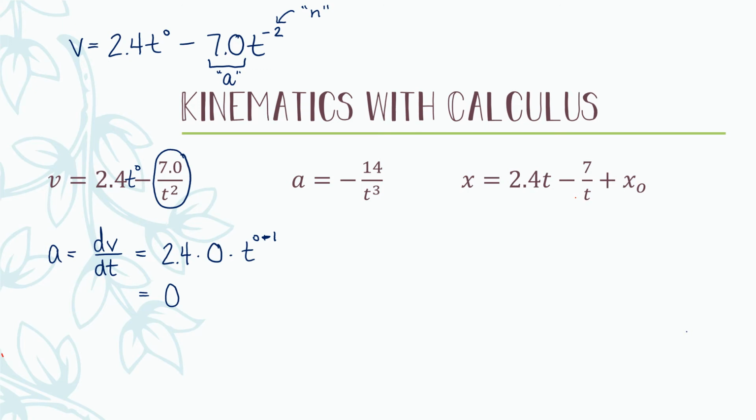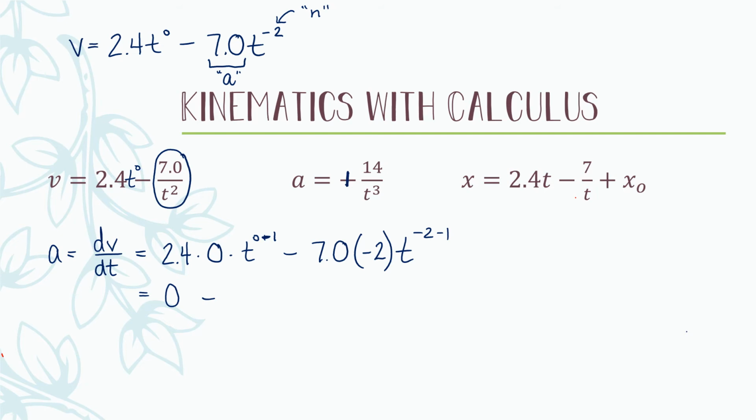So I have 0 minus a times n, negative 2, times t to the n minus 1, negative 2 minus 1. So I have a negative and a negative, and I apologize because this most definitely should be a positive right there.